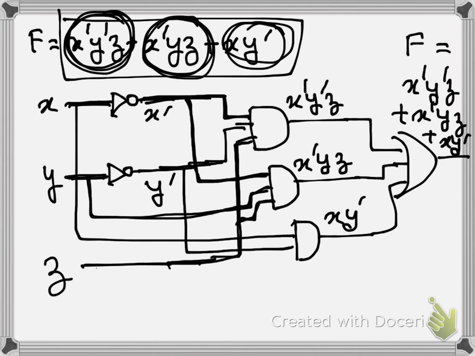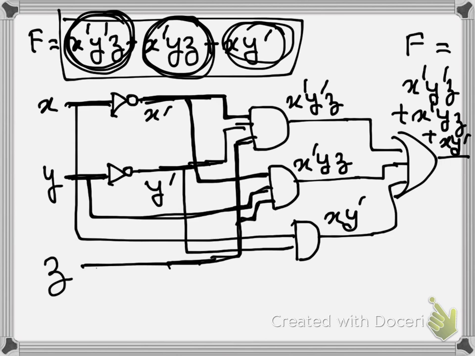So this is the logical circuit for the function f. In this manner you can draw different types of logical diagrams to implement our Boolean function.